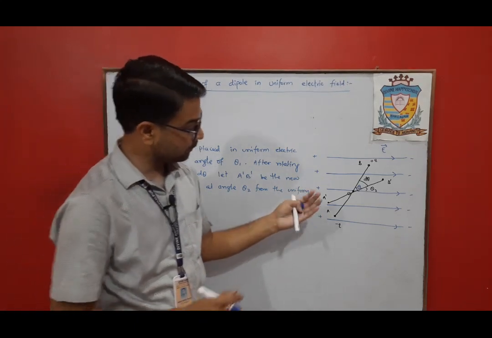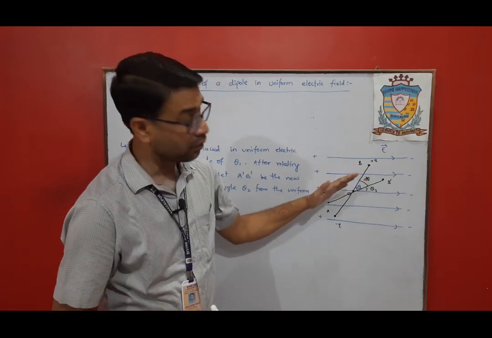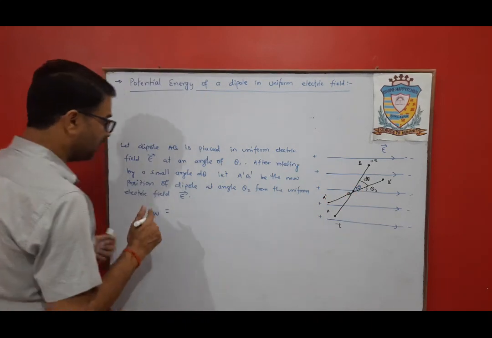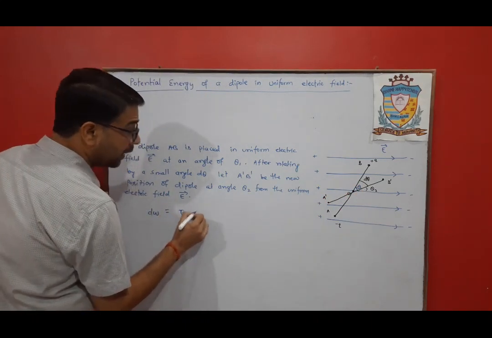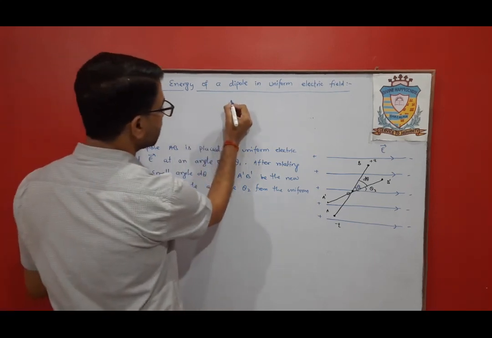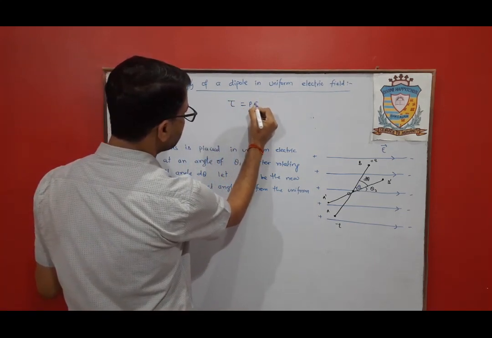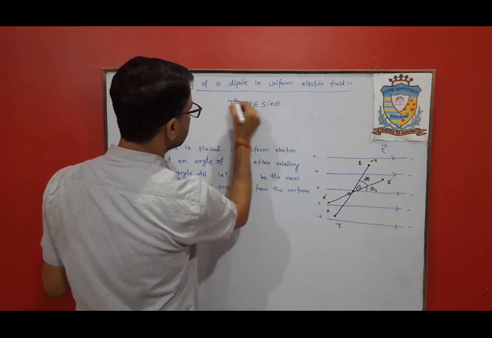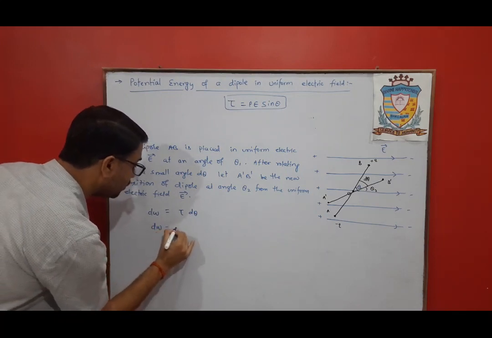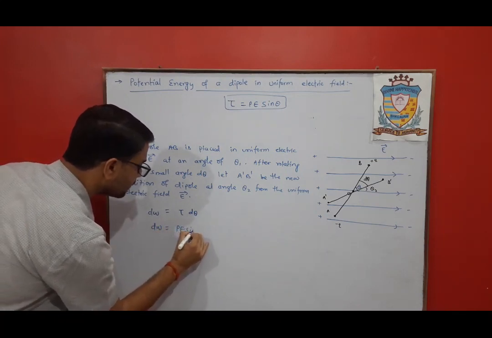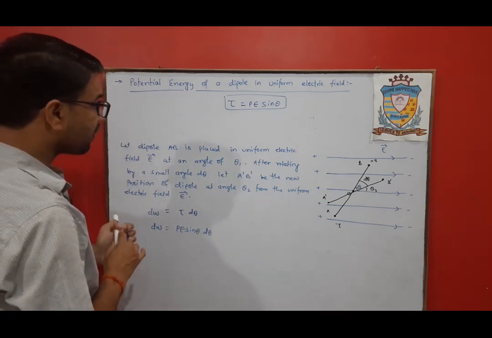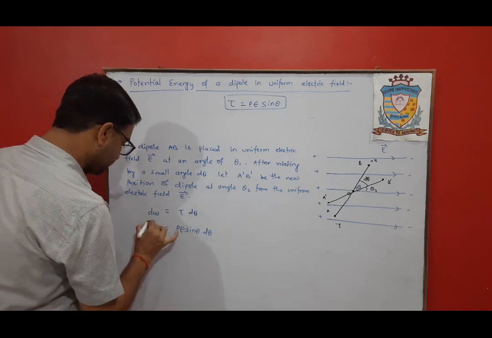But here if we take the angular force, that is moment of force, we have to take the angular displacement, and the moment of force is torque and angular displacement is d theta. Now we know that this tau is equals to PE sin theta. So putting values, dW is equals to PE sin theta into d theta. Clear?